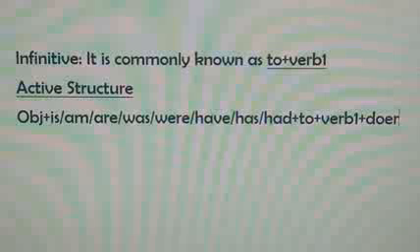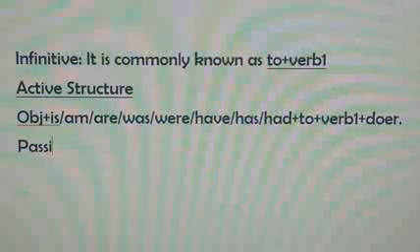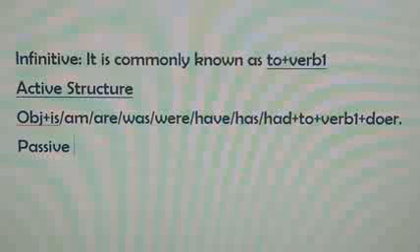Now its passive structure will be, dear children, let me write it also.